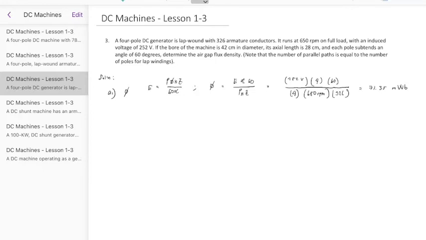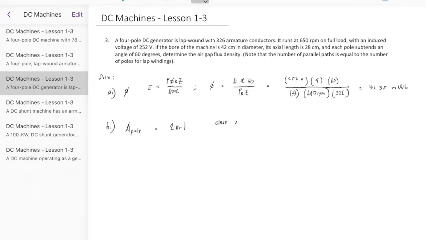So naa nata ang flux. Then ang letter B na to is kailangan nato pangitaon ang area sa ilalom sa pole. So we have area of the pole face, which is equal to 2 pi RL. So diha mosulod ang katong physical characteristics like 42 cm in diameter, 28 cm axial length, and 60 degrees nga kanang distansya sa matag pole. So since given man ang angle sa pole, so isulat lang nato.